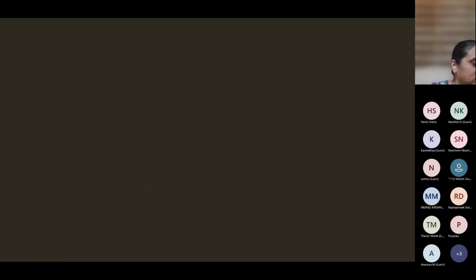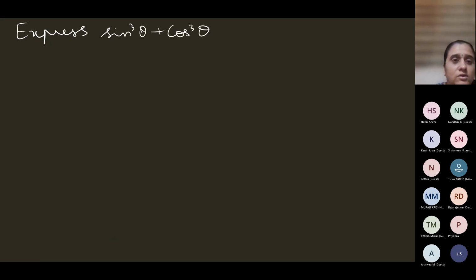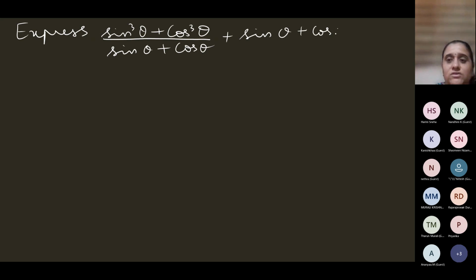Simple but interesting. See this one. Express sine cube theta plus cos cube theta divided by sine theta plus cos theta, plus sine theta cos theta, as an integer.